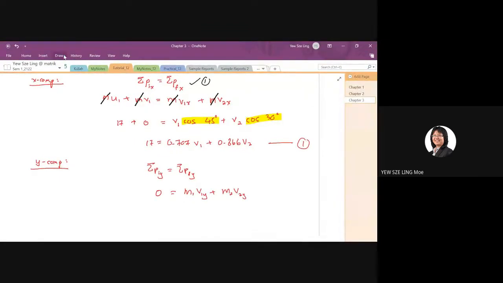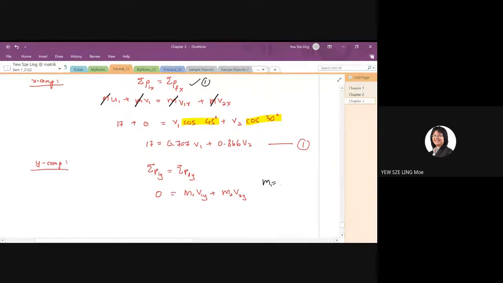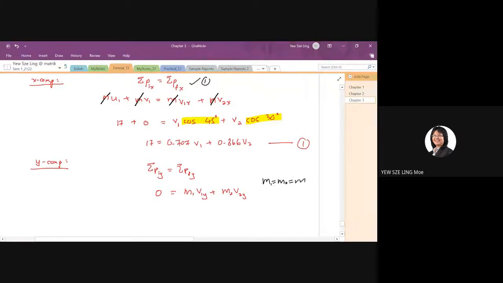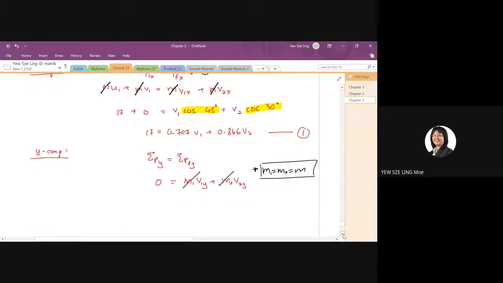So what am I going to do now? I want to cancel out the m again. Why? Because m1 equals m2 equals m. If you don't write the subscript, also can. You write the subscript, also can, but make sure you show it if you write the subscript. So now I can cancel it out.